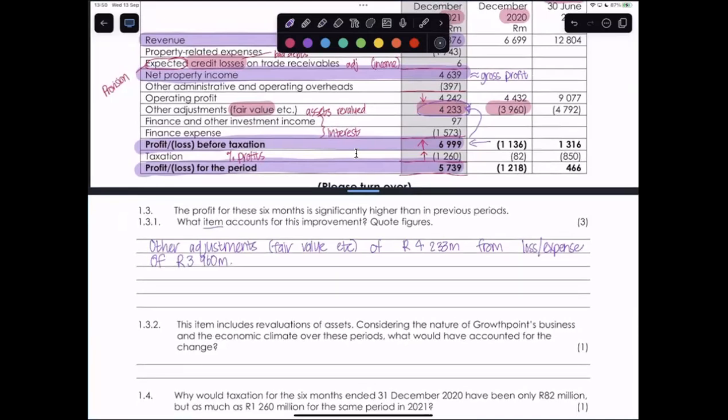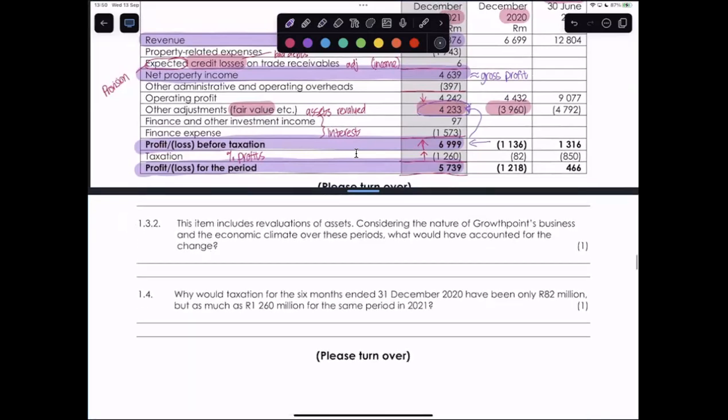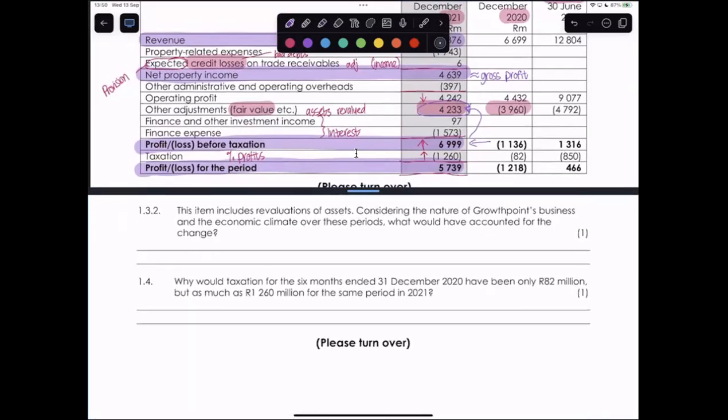And the way that the marks would be allocated here is firstly identifying the item and then quoting the two figures. This item includes revaluation of assets.